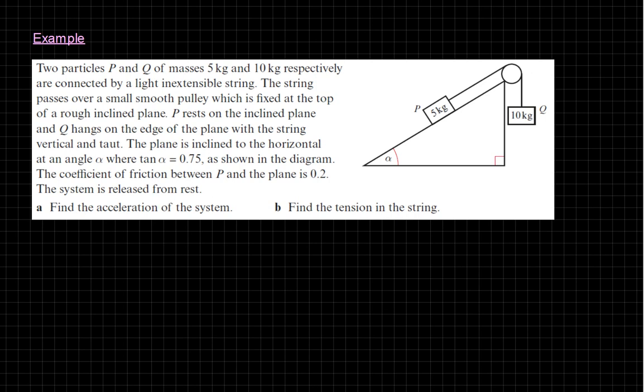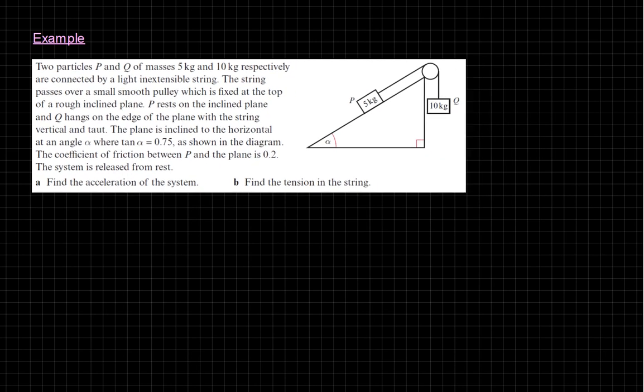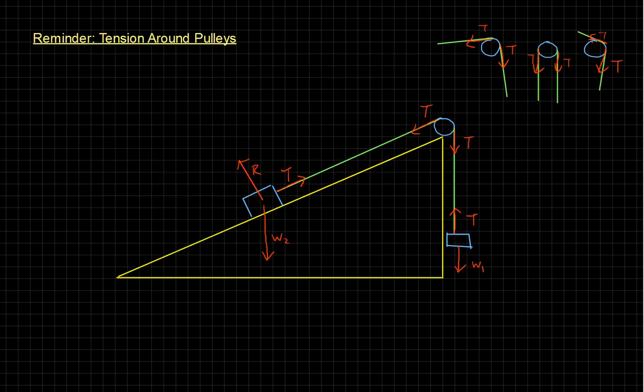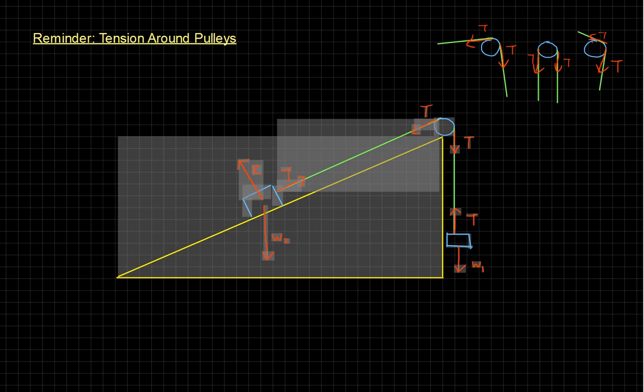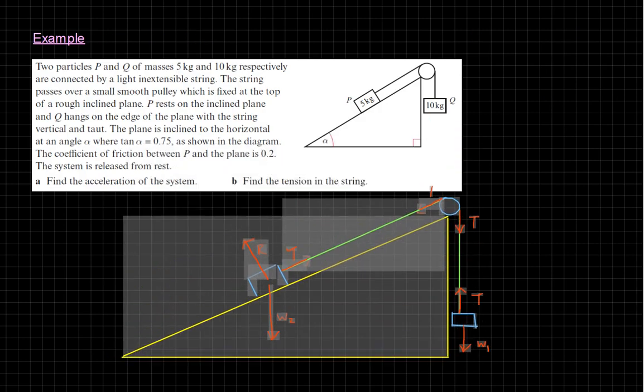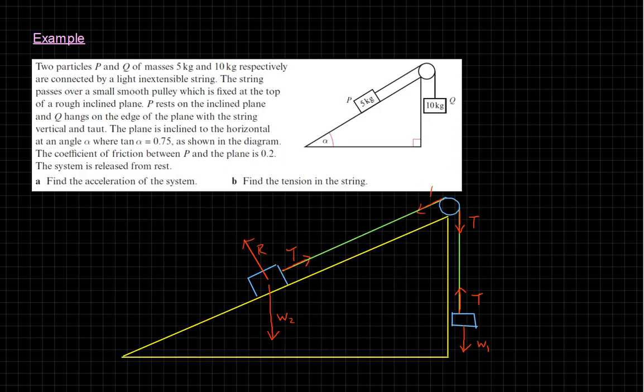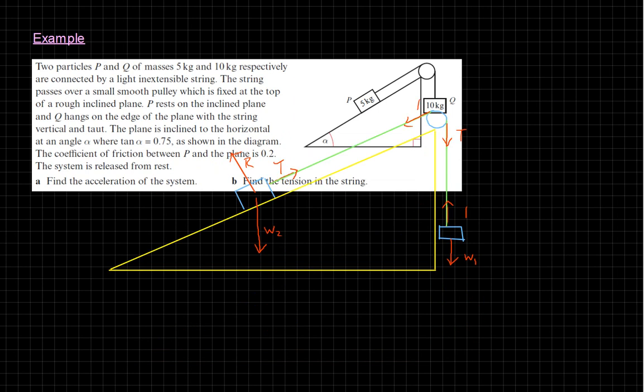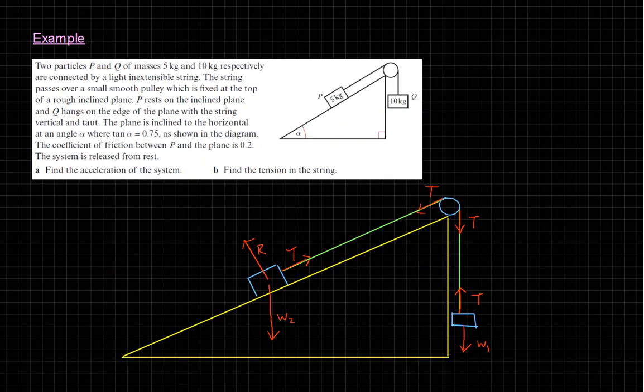So first off, let's see. Well, let's draw the diagram as it is. In fact, I'm going to make this slightly smaller. And I'll just copy it from over here actually, because that works out quite well. Okay, so that's the diagram.